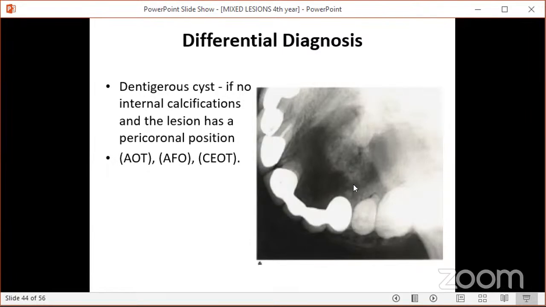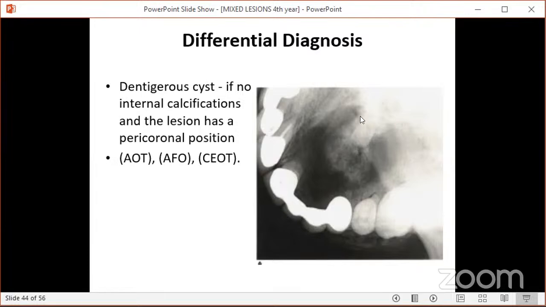So in the radiograph displayed there, we can see a patient who has a heavily restored dentition. Then we see a tooth which is impacted, and it's surrounded by radiopaque calcifications.